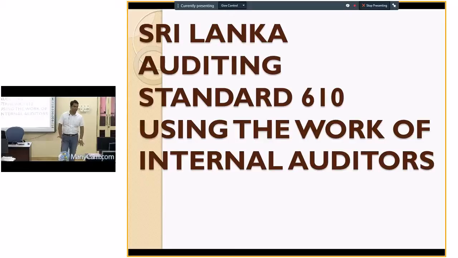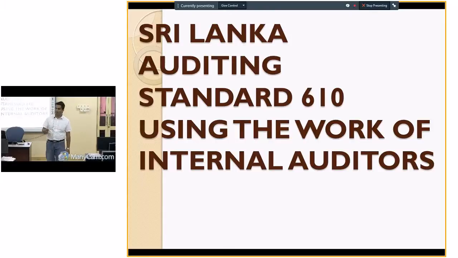That will be very helpful. This is a very important point we want to address on the use of the internal auditors' work, that is SLUS 610. That is the auditing standard on that. That is what is basically discussed in SLUS 610.